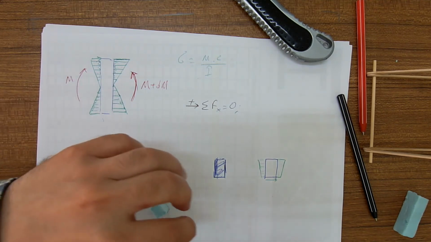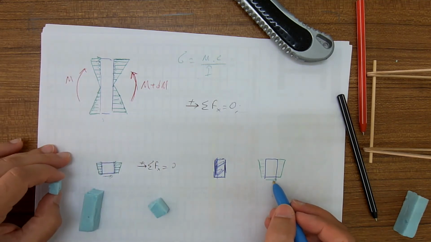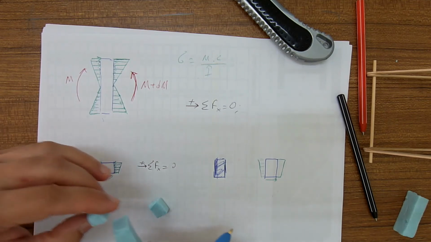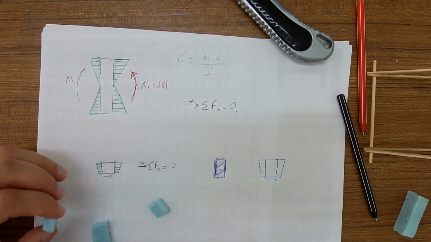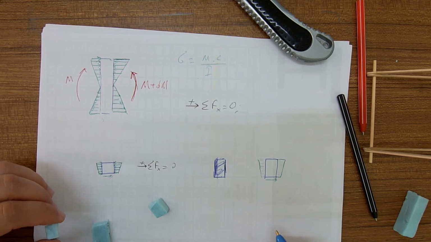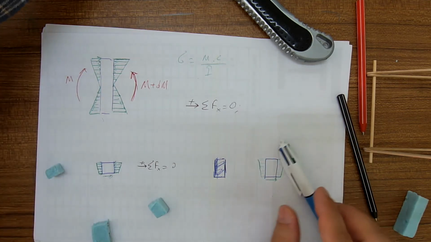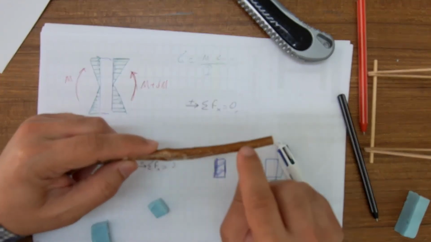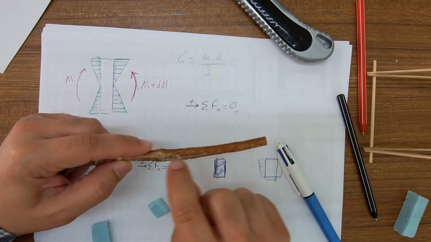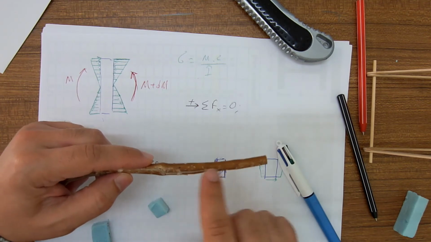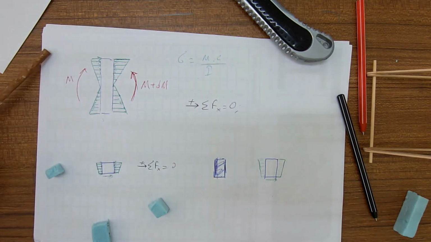As the segment gets larger and larger, the shear stress just in between needs to be larger. Okay, that is the reason why this wood has failed at the mids. The longitudinal shear stress is largest at the mids. Okay.